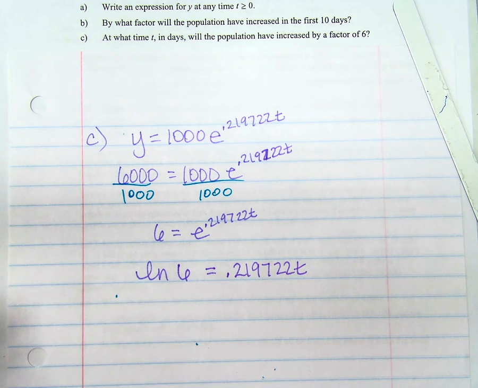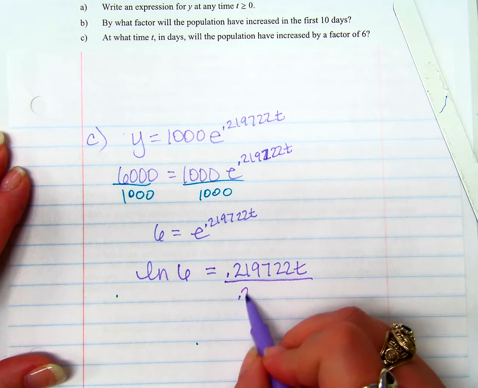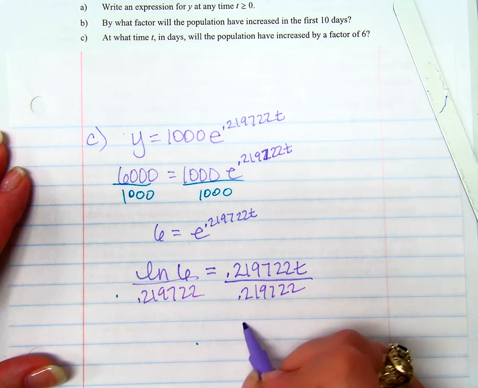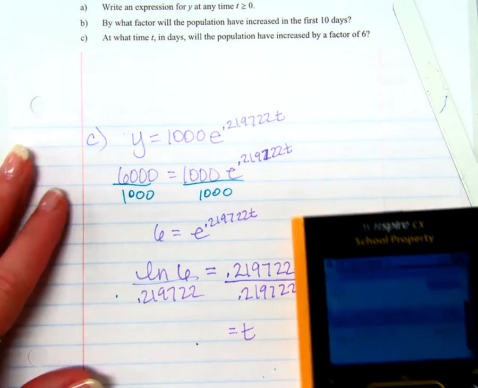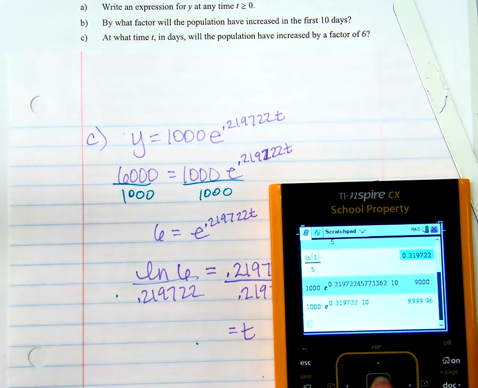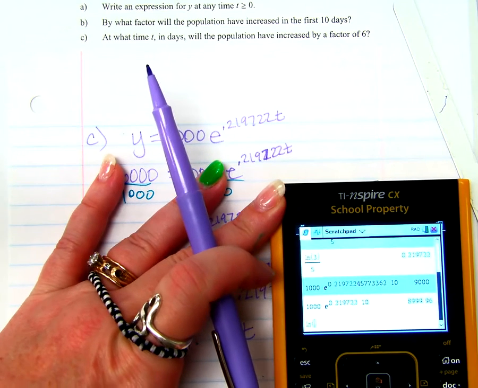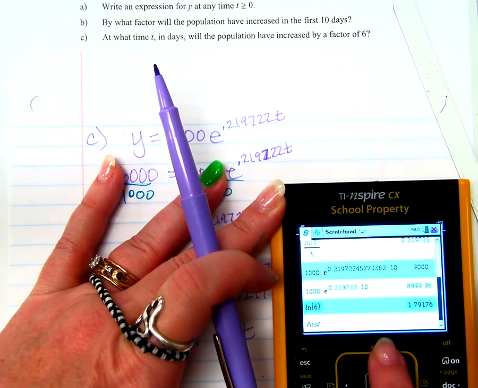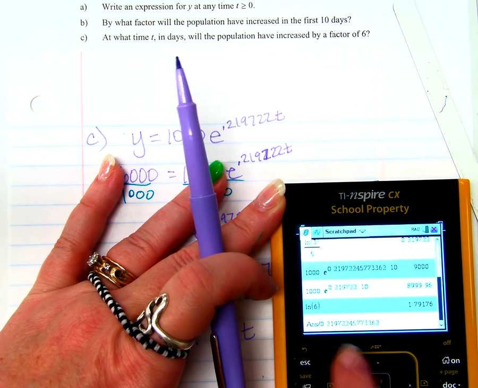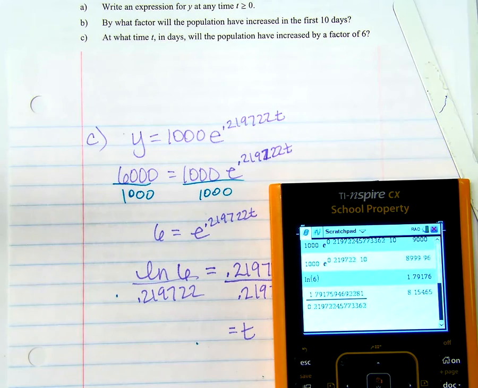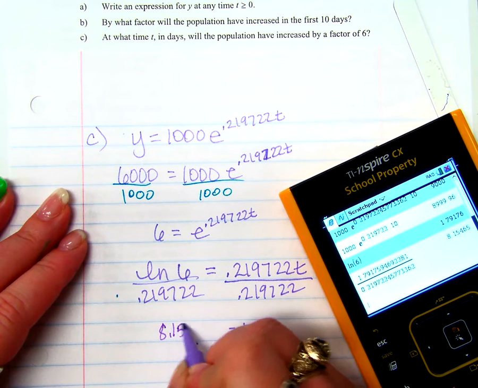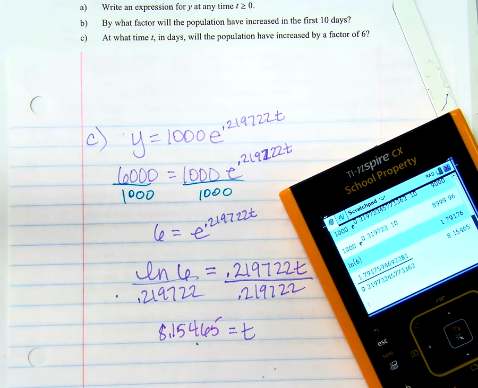How do I solve for t? So t is going to equal natural log of 6 divided by, I have to go back up and get this number. Because remember, I want the actual number, that one. So t is 8.15465. So that answers the equation.